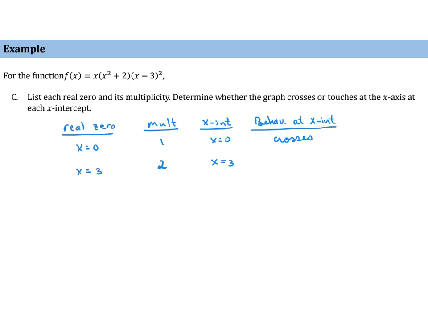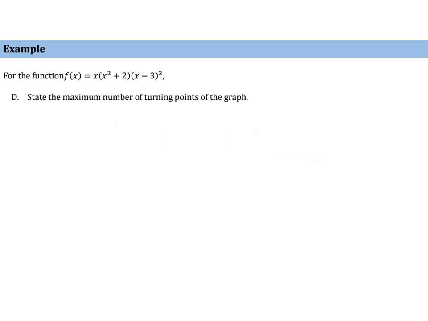And if our multiplicity is even, then it touches. Here, we've already seen the power function has a degree that's 5, and so does our function. So that means that the maximum number of turning points is 1 less. So it will be 4.